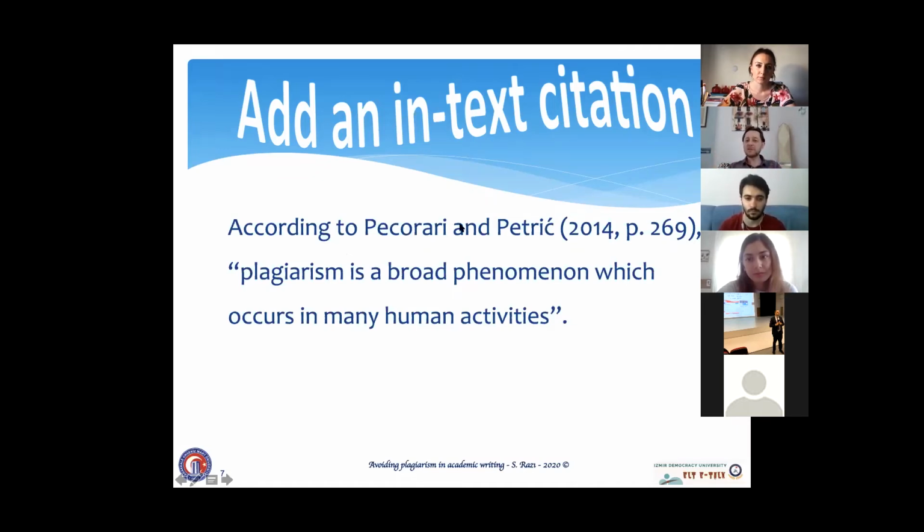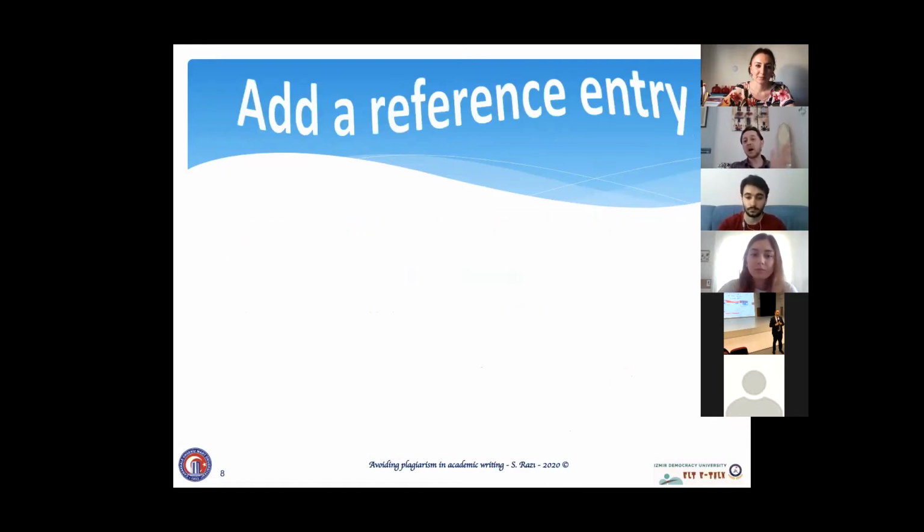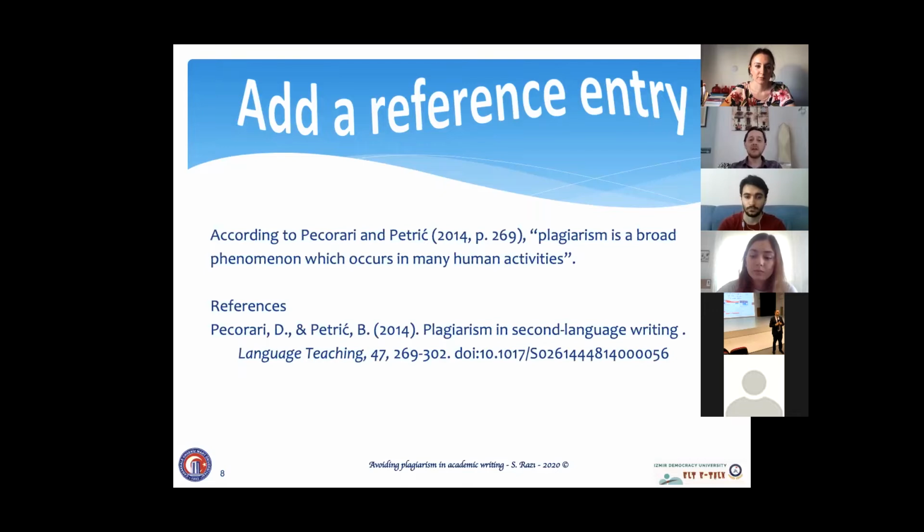Is it possible to find this source with reference to author's surname and date of publication? No. Then why do we need this information related to in-text citation? Because we will need something else in order to complete our citation. What is this? We are going to add a reference entry into our references.